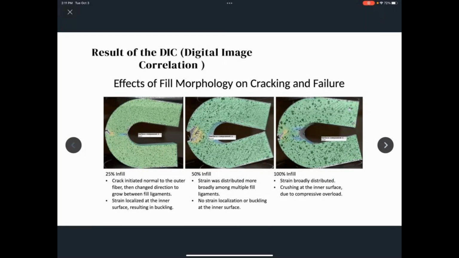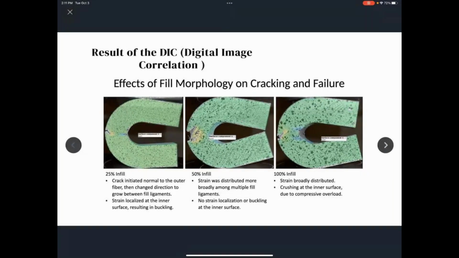From the picture of the 25 infill, the crack initiated normally from the outer side and then changed its direction to grow between the fill ligaments.